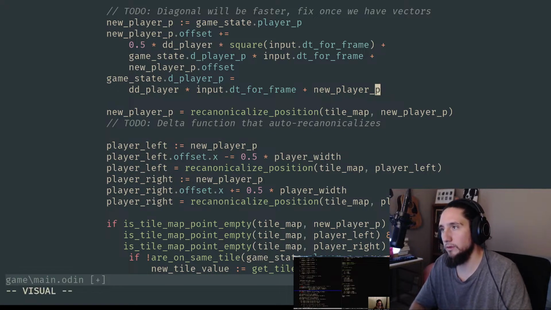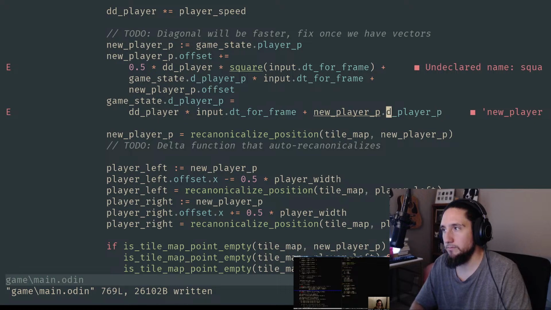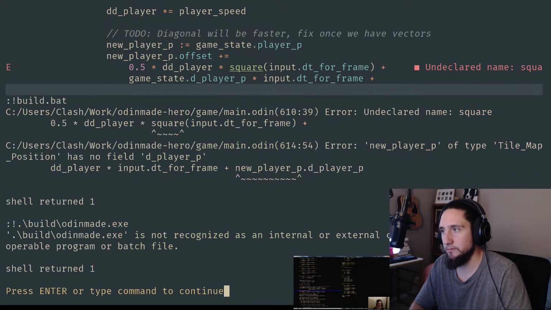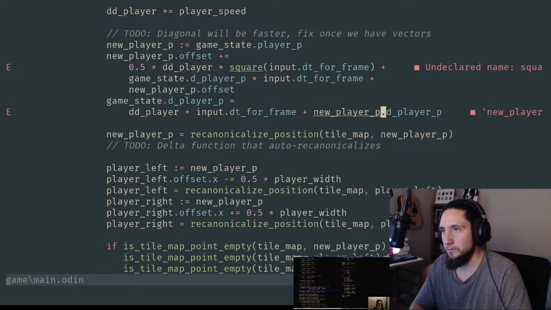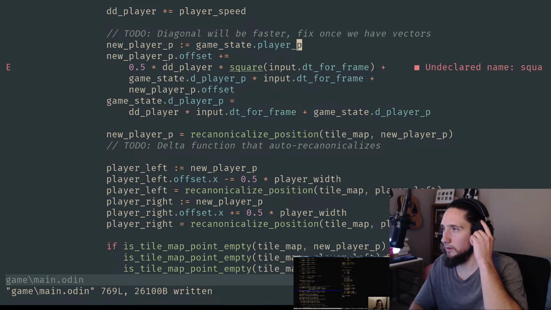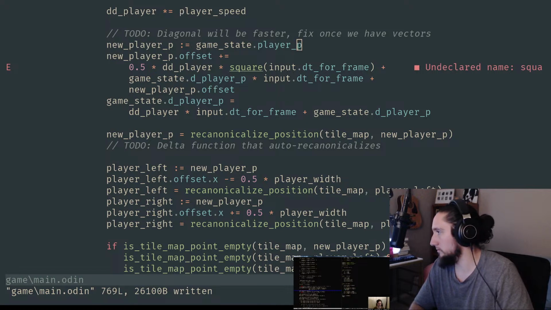Okay, so new player P dot dPlayerP, right? What is it saying? Do these values not play nicely? Oh, game state. Okay, yeah, that's off of the game state, not the player's position. Got it.